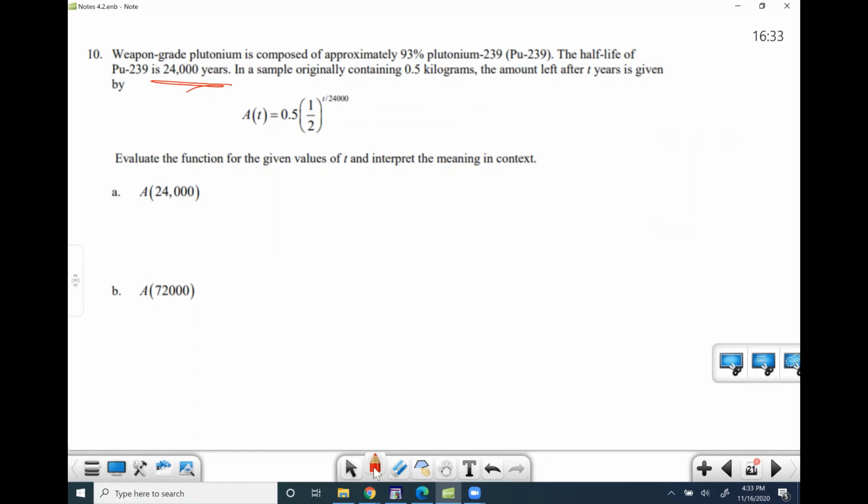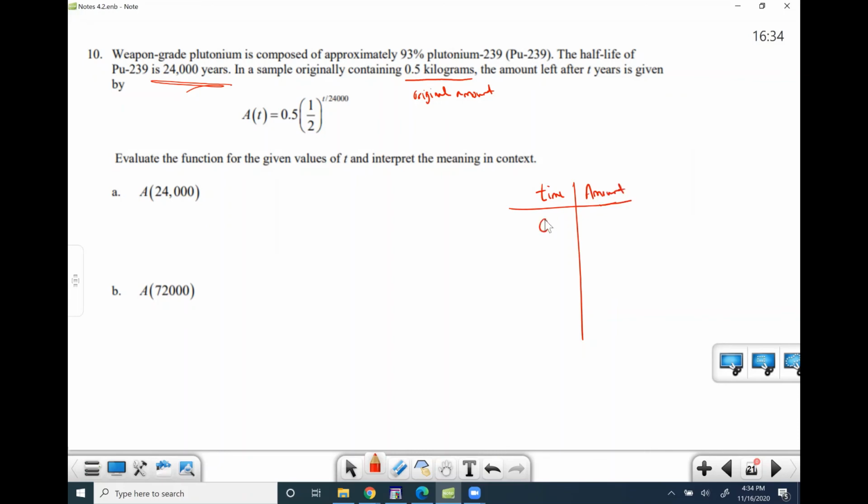So it says the original sample contains 0.5 kilograms. That's the original amount. Okay. So if I were to make a chart out of this, right? Time and amount.